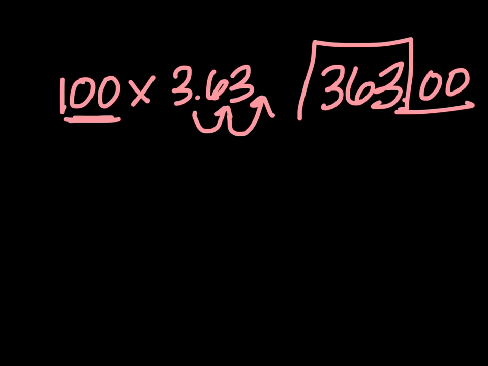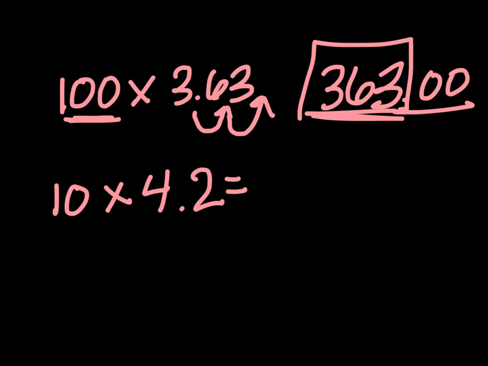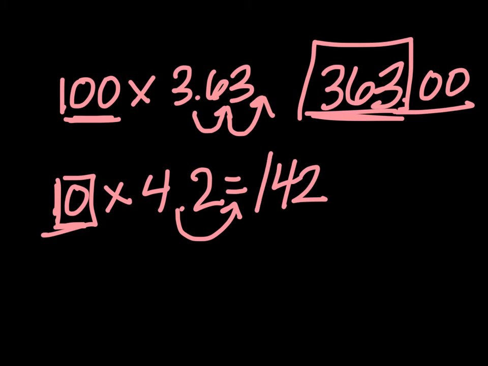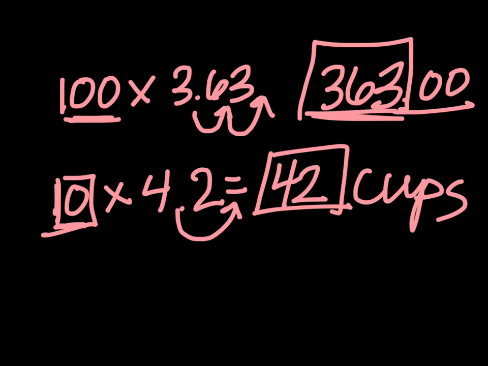My number is 363. Now, if I did that same thing with my cups of pecans, I would say 10 times 4 and 2/10. My decimal place is going to move one place to the right because I have one zero, to get 42 cups.